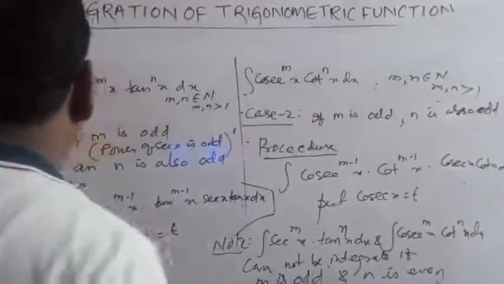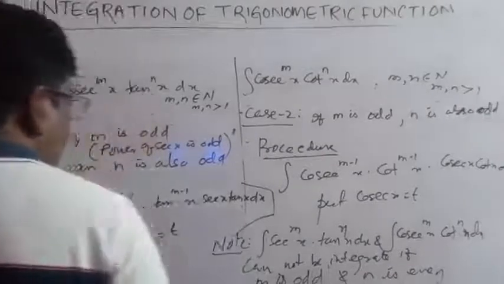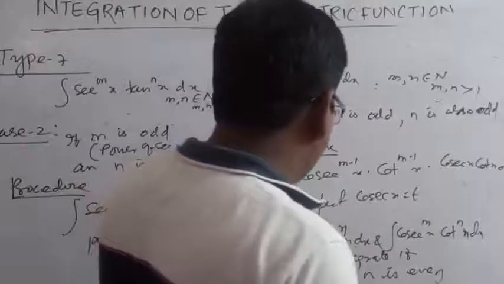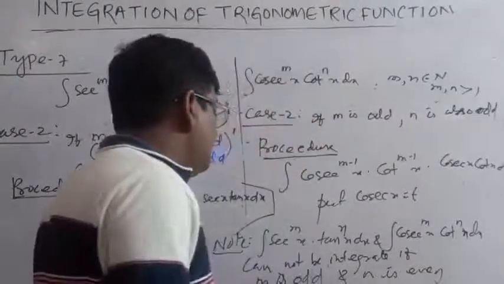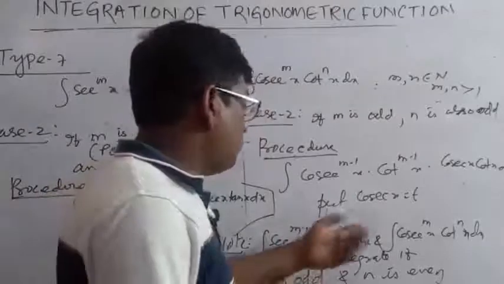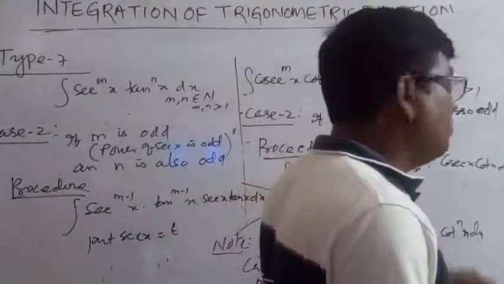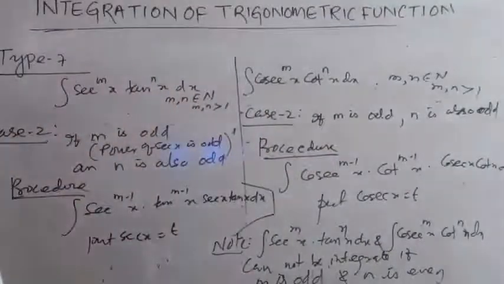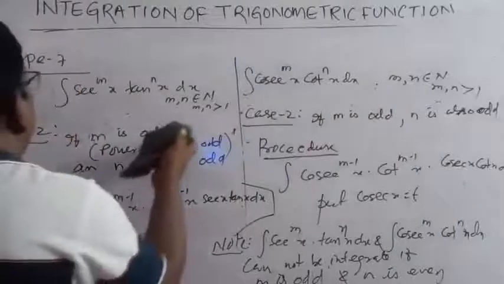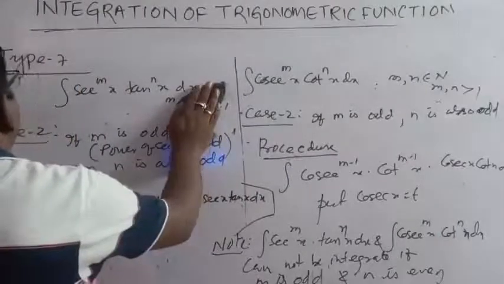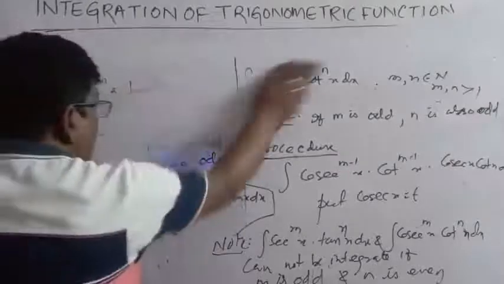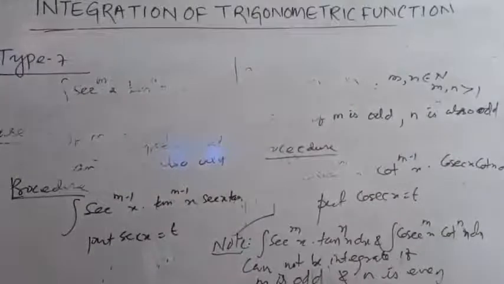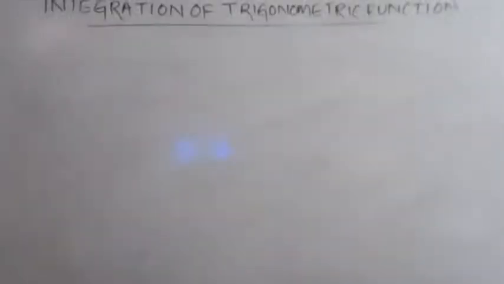That is, power of sec is odd and power of tan x is even, or power of cosec x is odd and power of cot x is even, then integration is not possible. Now let's see an example of type 7.